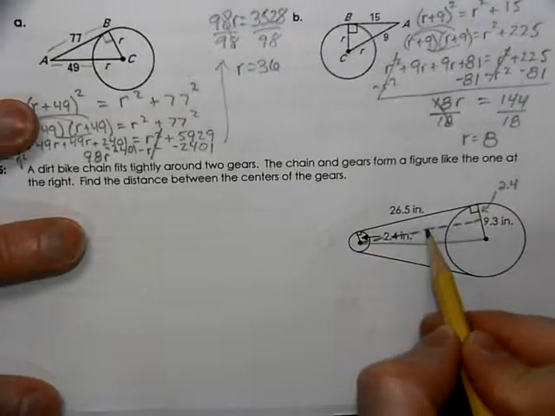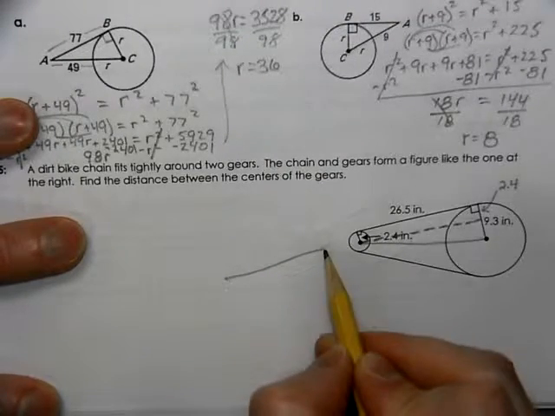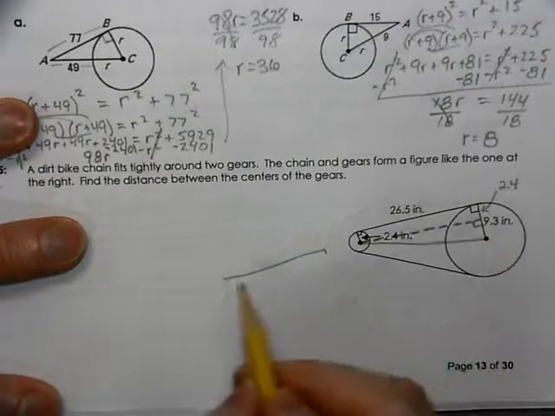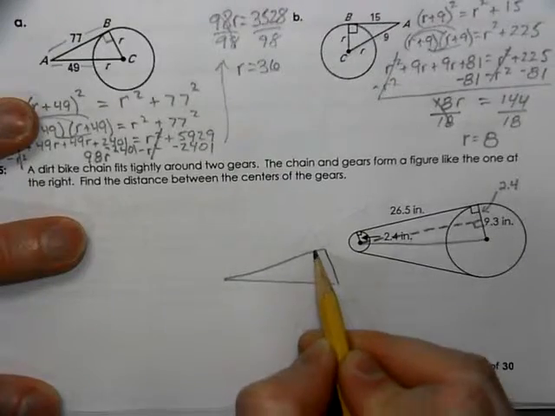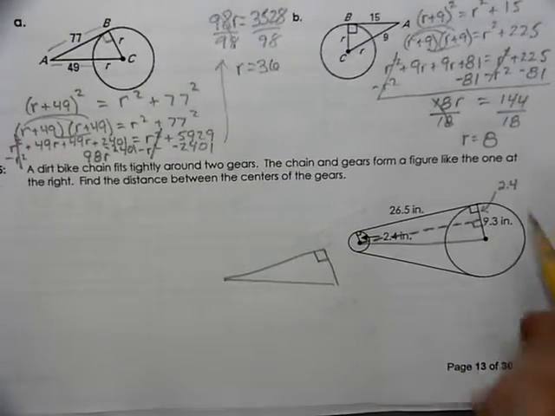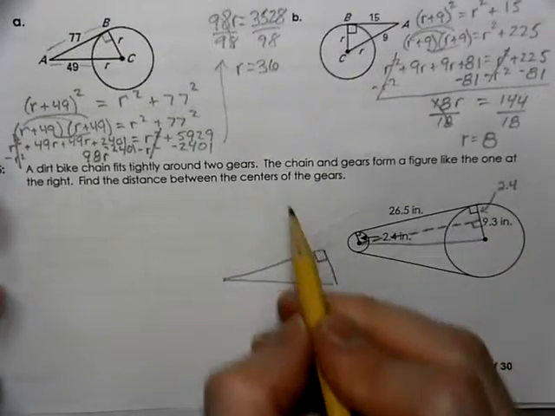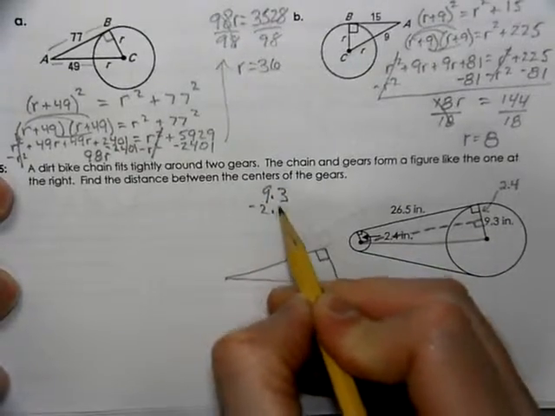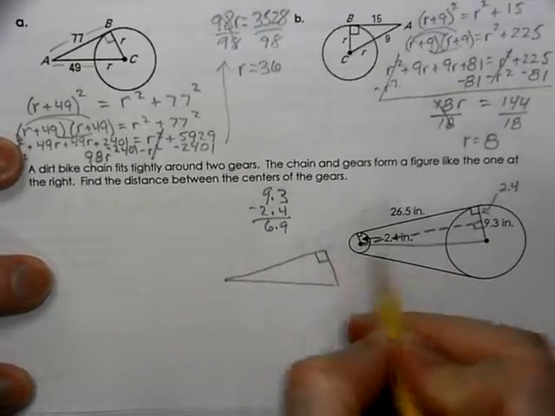So then that would leave this, you would have a 90-degree angle. So if that's 2.4 and this is 9.3, what little bit is left over? 9.3 is the whole thing minus the 2.4. That leaves us with a remainder of 6.9.